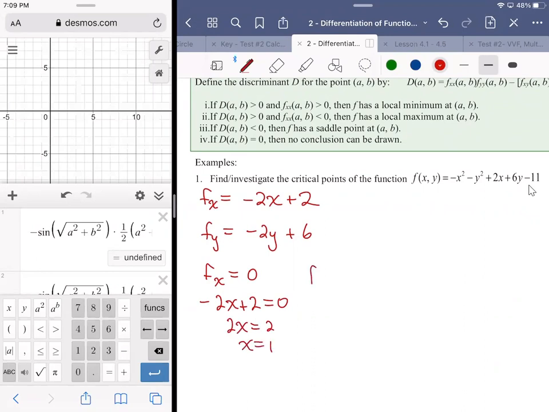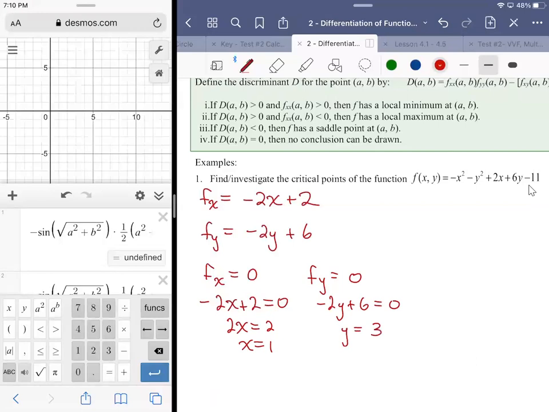Then I set my first order partial with respect to y equal to 0. Oh, I meant to write, that was dumb. And so y equals 3.